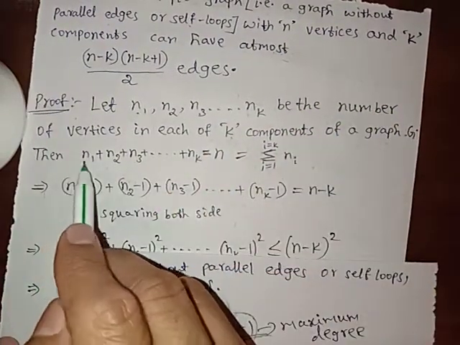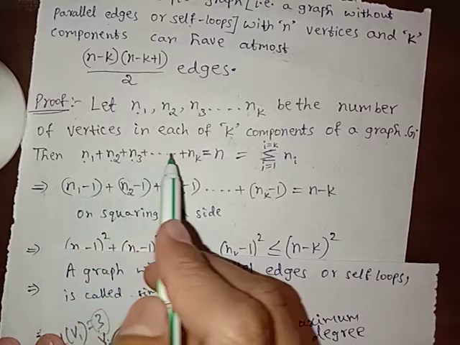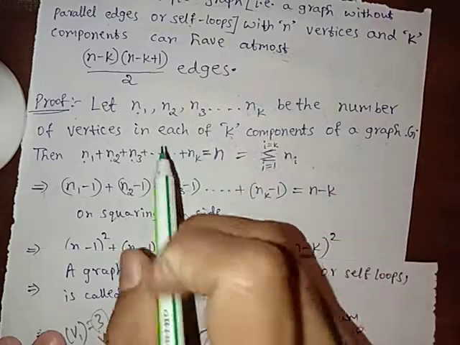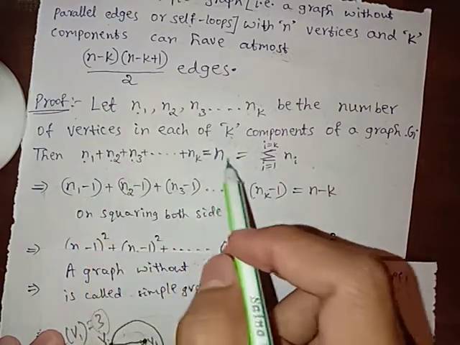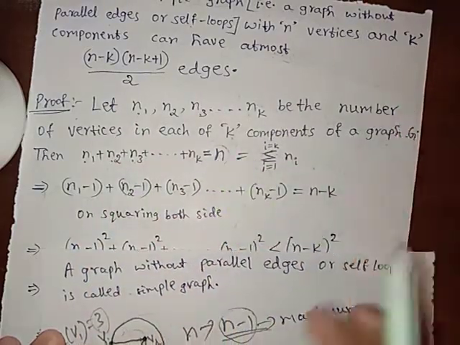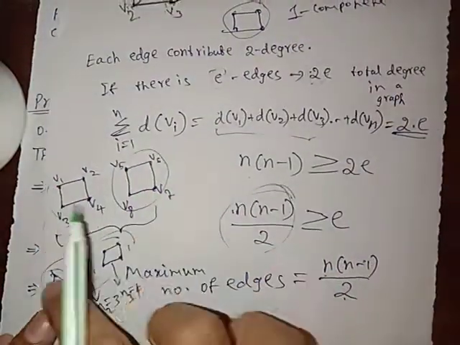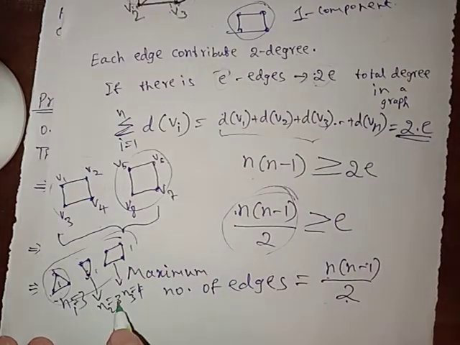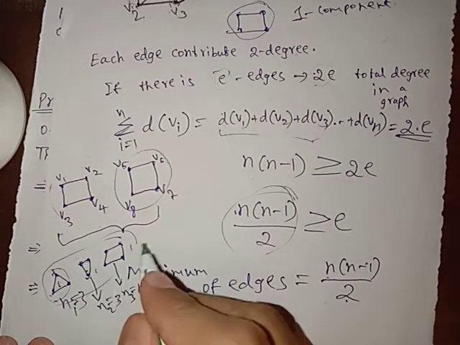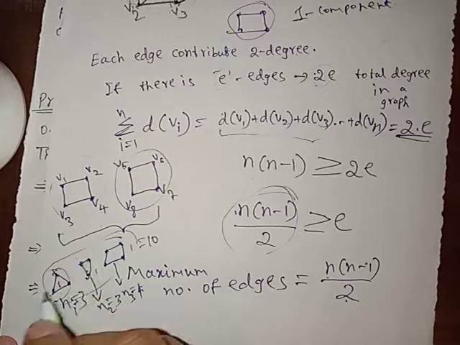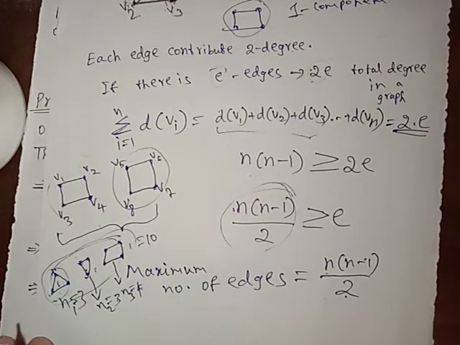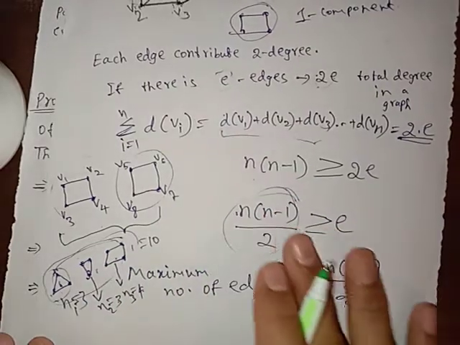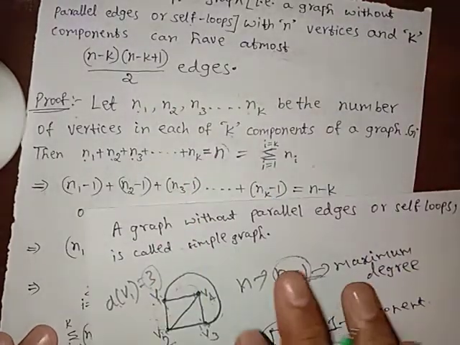Then n1 plus n2 plus n3 up to nk gives n, the total number of vertices in graph G. Here, 3 plus 3 is 6, plus 4, that is 10. 10 vertices are there in this graph. If we add all vertices of the components, we get the total number of vertices.